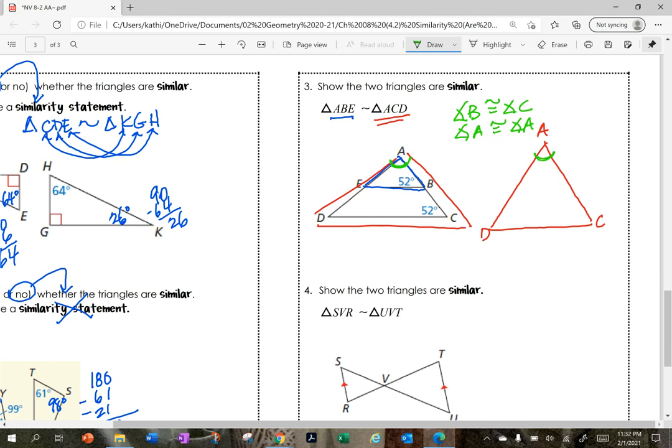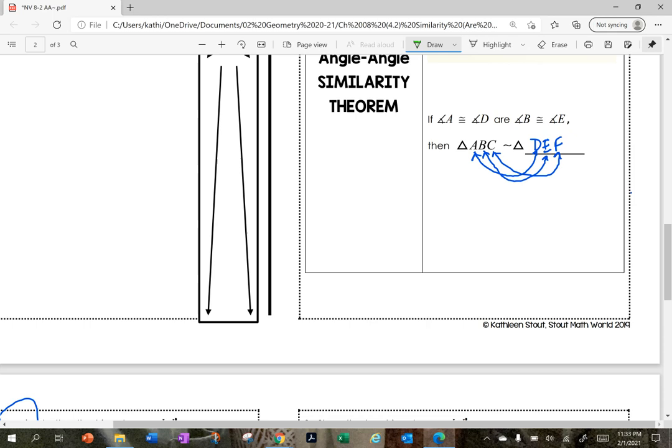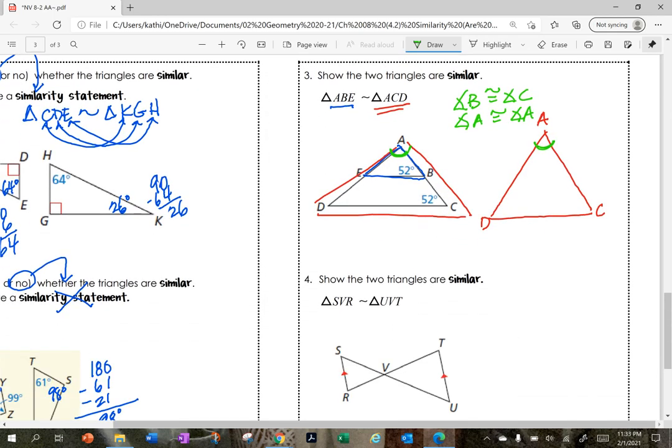This is the same angle in both triangles. And these we showed are 52 degrees. So I have one pair of corresponding angles, two pairs of corresponding angles. So since I have two pairs of congruent angles, I have shown the triangles are similar.